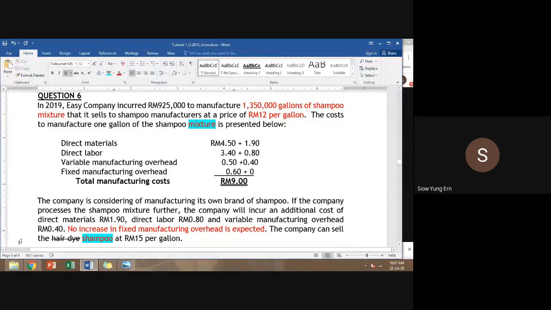No increase in the fixed overhead is expected. So the company can sell the, class, can you change this word from hair dye, change it to shampoo. Okay, change this word. The company can sell the shampoo at 15 ringgit per gallon. If they sell shampoo mixture, it is 12 ringgit per gallon. If they sell shampoo, it is 15 ringgit per gallon.